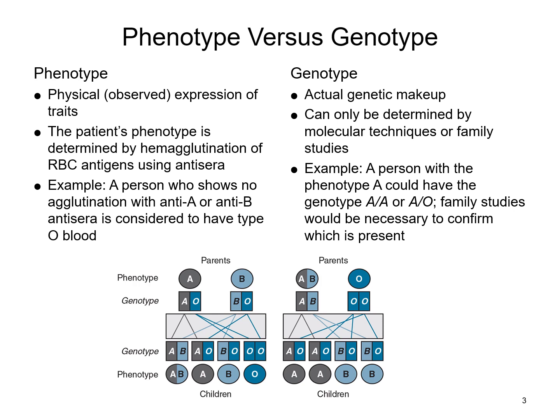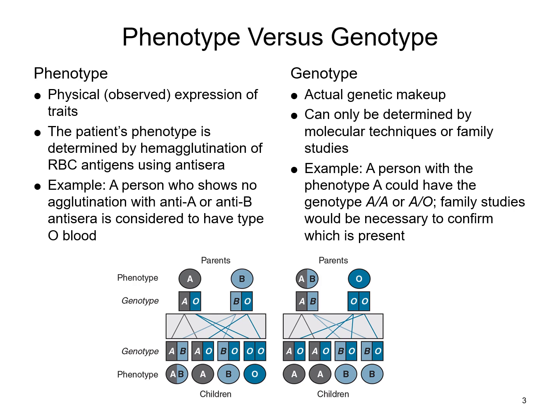For example, if a person shows no agglutination with either anti-A or anti-B antisera, then we know that there are no A or B antigens present on that patient's cells. So we know that the patient's blood type is type O. That would be their phenotype, what they present as.